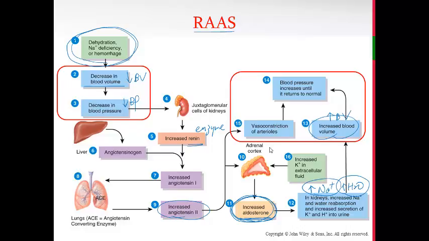Okay. Now the other side of this is constriction of your arterioles, and that also helps bring back your blood pressure. Okay. So the focus here is, don't worry too much about the detail here. We have seen it in chapter 18, but focus on what causes it and what it's trying to counteract with.